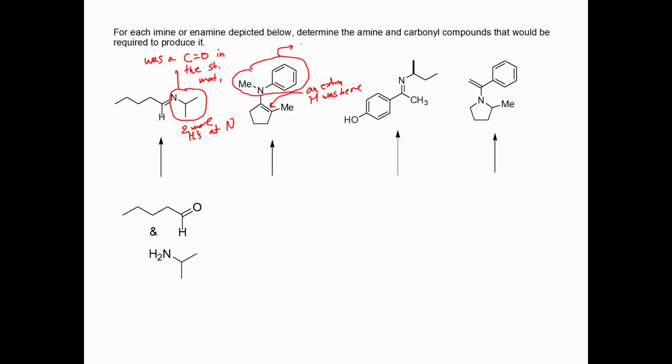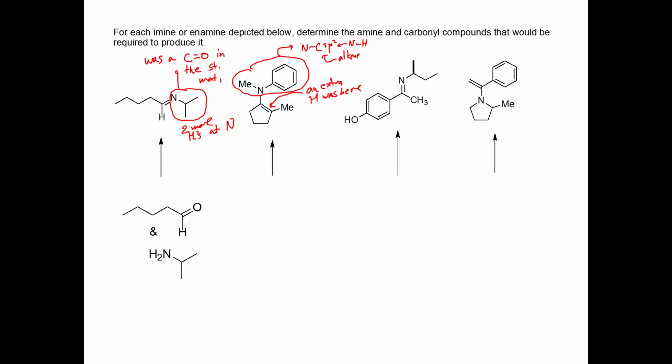Okay, so what we would do is we would replace the nitrogen C sp2 bond for the alkene. Would be a nitrogen-hydrogen bond in the starting material.